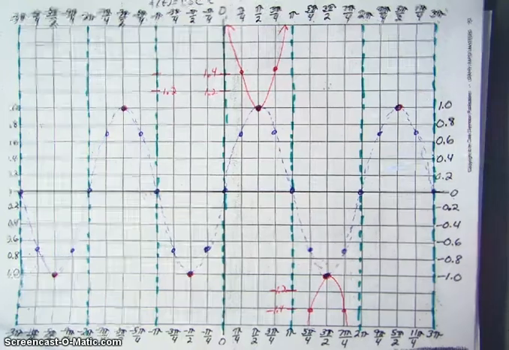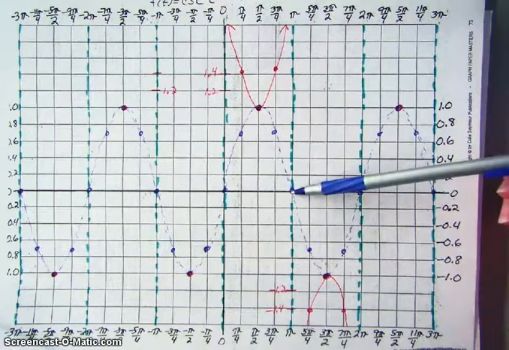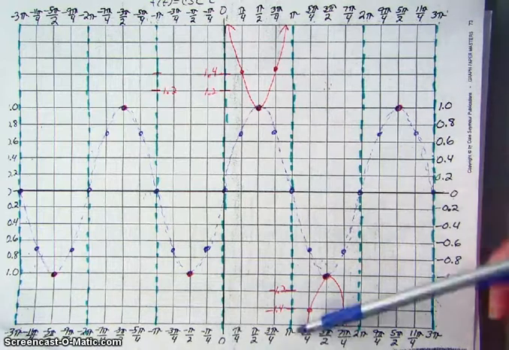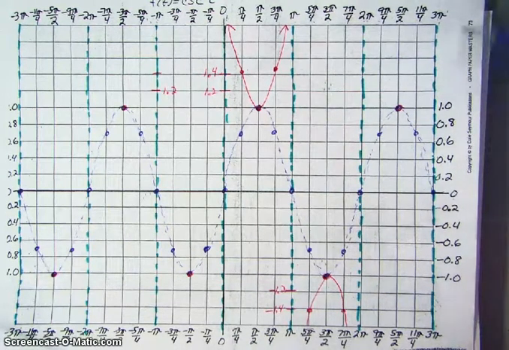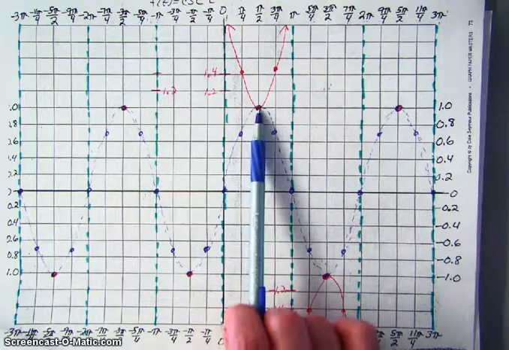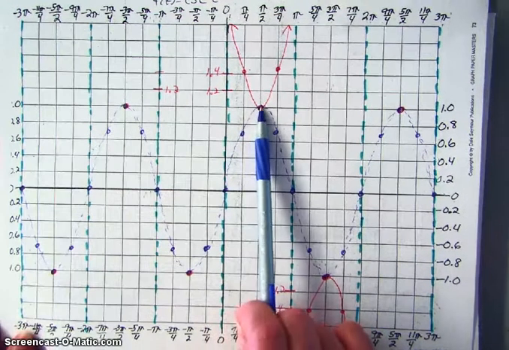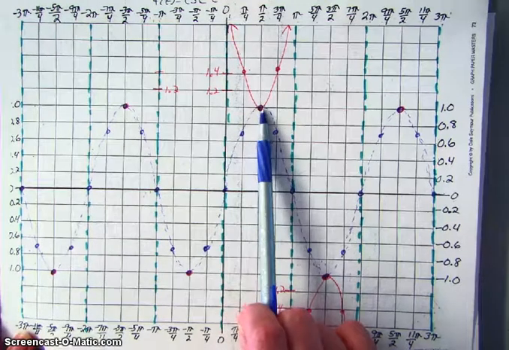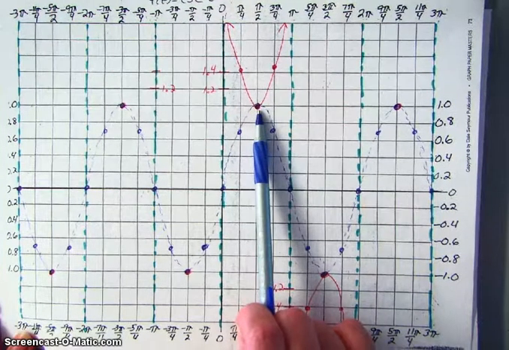And then anywhere that the sine is 0, cosecant is undefined. So I put the vertical asymptotes everywhere that sine is 0. And here, where sine is 1, the reciprocal of 1 is 1.